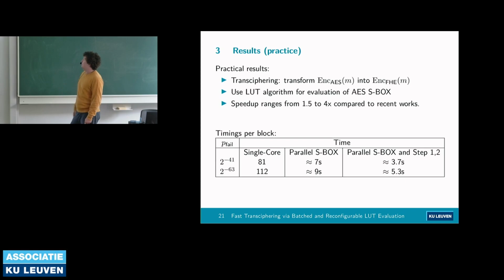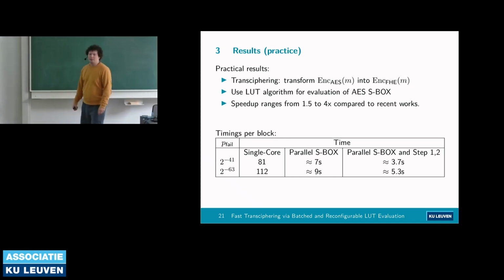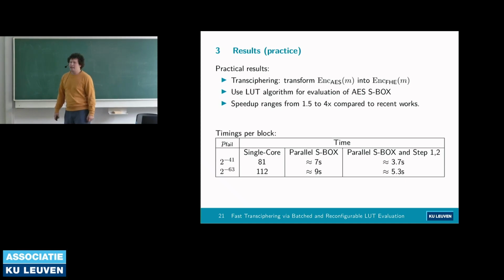Specifically, we'll use the lookup table algorithm to evaluate the S-box. And compared to other papers, the speedup is anywhere from 1.5 times to 4 times faster. Now, in absolute terms, depending on the failure rate, this is characterized by the parameters, it's going to be 81 or 112 seconds, which, compared to the clear text is still gigantic, but already much better.